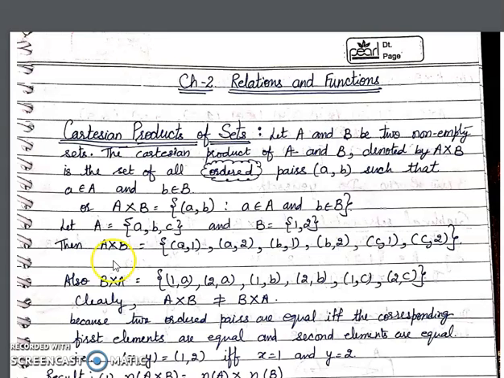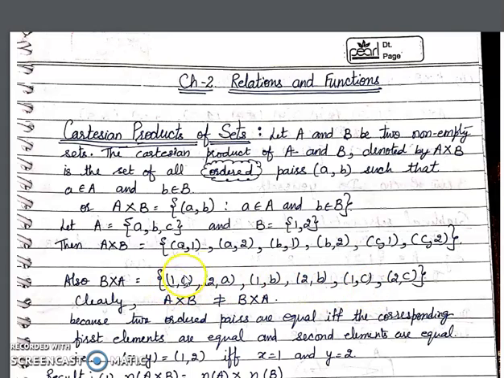Now consider the Cartesian product B cross A. So it is the set of ordered pairs in which the first element is from the set B and the second element from the set A. So first element from set B means 1: (1, a), (2, a), then (1, b), (2, b), then (1, c) and (2, c).